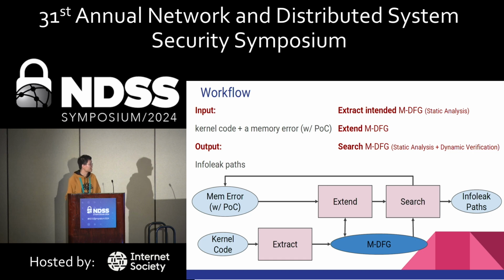And the data flows are stored as a data structure, MDFG. And this step is mostly static. Step two is extending MDFG with unintended data flows. Step three is to search the MDFG for Infoleak path. And this step is both static and dynamic.